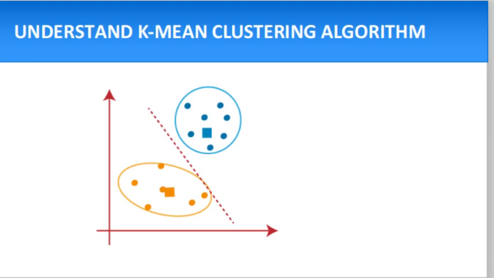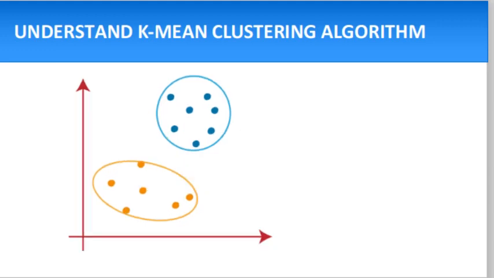We can see in this image there are no dissimilar data points on either side of the line, which means our model is formed. As our model is ready, we can now remove the assumed centroids.